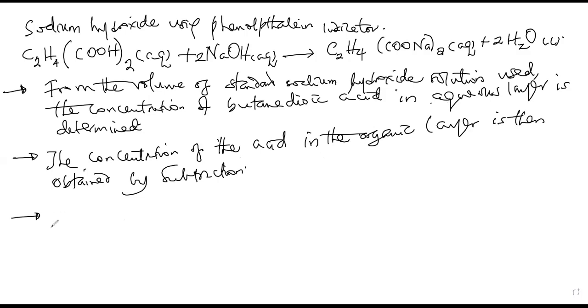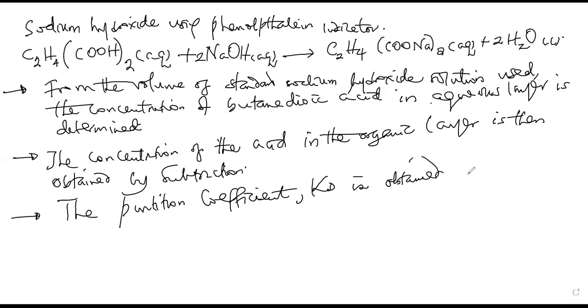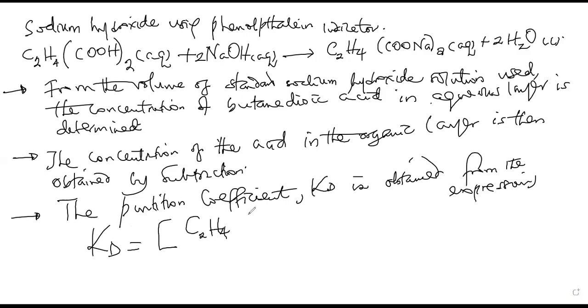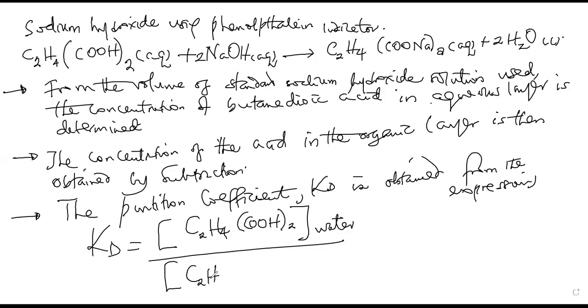And the last step, after having obtained the concentration of the acid in the aqueous layer and the organic layer, now we can get our Kd. So the partition coefficient Kd is obtained from the expression Kd equals concentration of butane dioic acid in the water layer or the aqueous layer over the concentration of butane dioic acid in the ether layer.